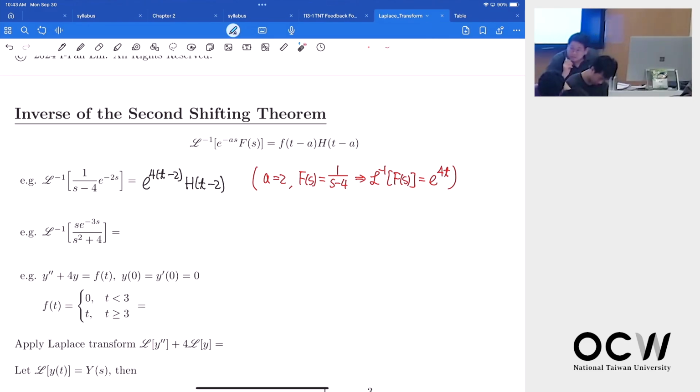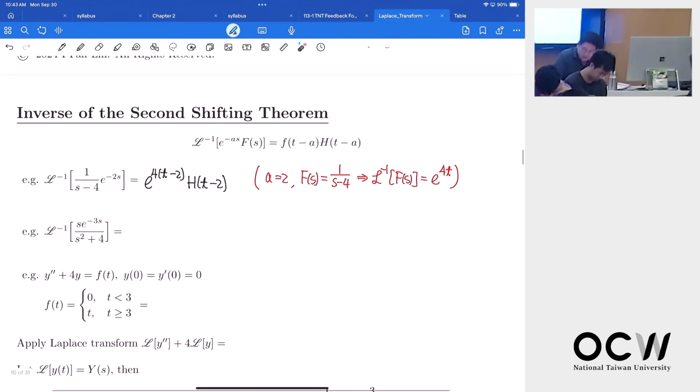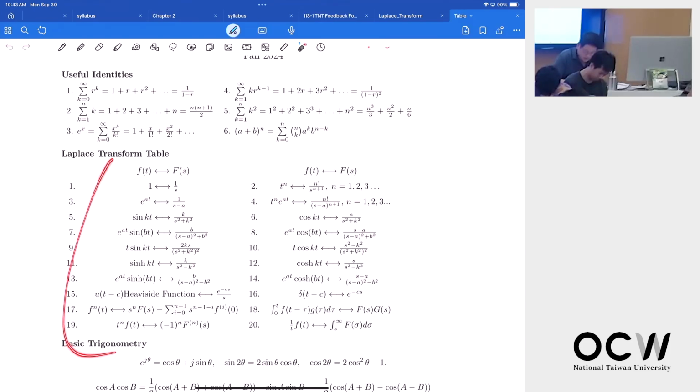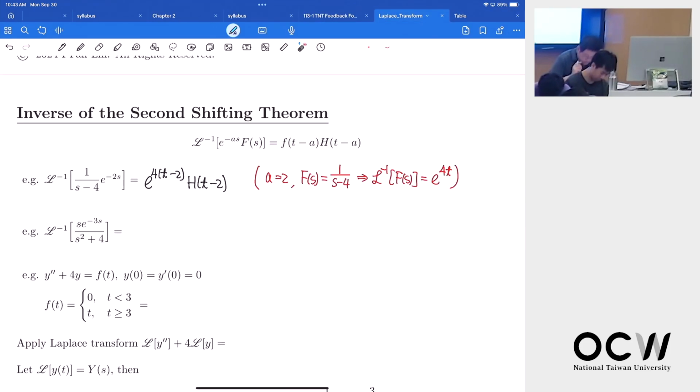Okay. So next one, you can do it by checking the table. Okay, here is the table. And then please find your answer. What is the inverse Laplace transform of this term?